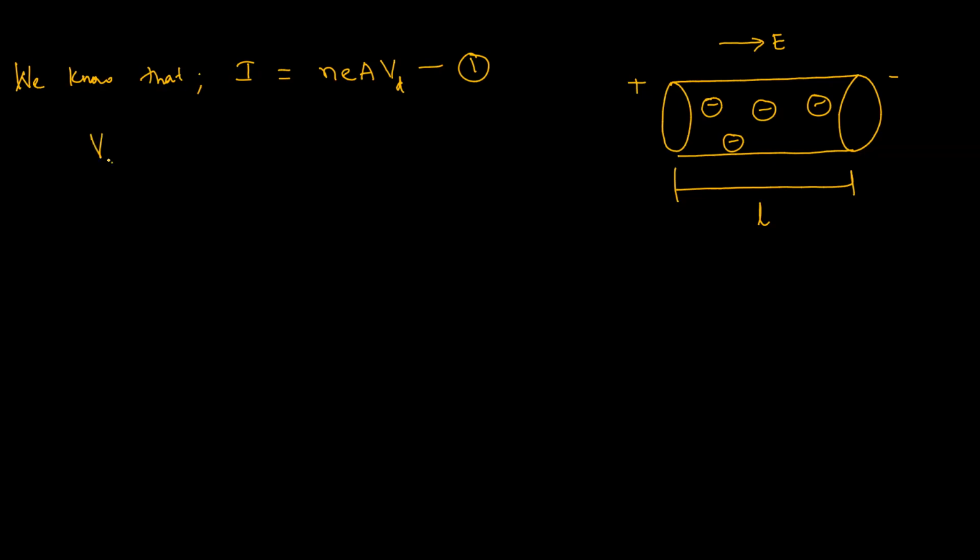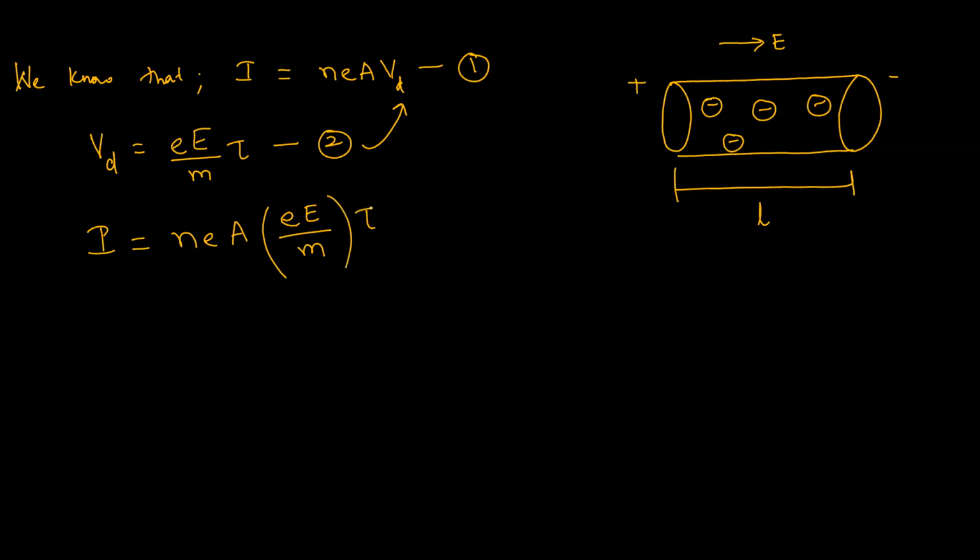Now, we know that V D is equal to small e into capital E divided by m into tau. Let this be equation number 2. Take the second equation and plug it into the first one. So combining these two, we are going to get I is equal to N E A into, in the place of V D, can I write it as e into capital E divided by m into tau.